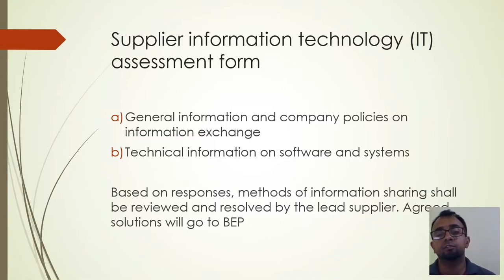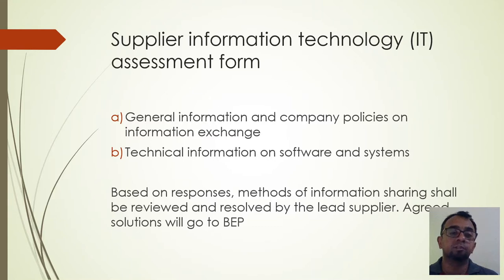Any issues of interoperability must be resolved at this point, because this is at the supply chain level. So if there are any issues of interoperability, they must be resolved at this level. If you can't resolve those at this level, we advise to find somebody else to replace that party in the supply chain.